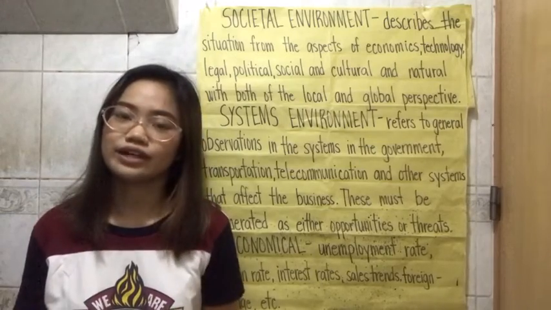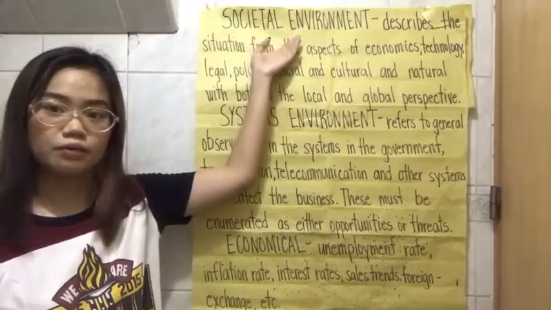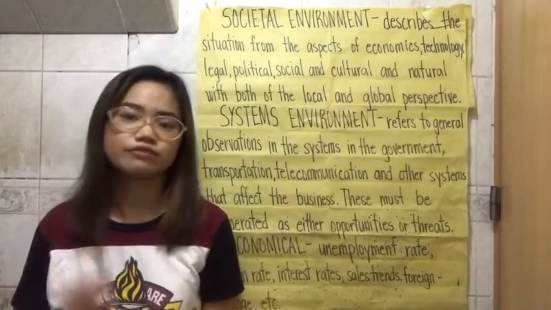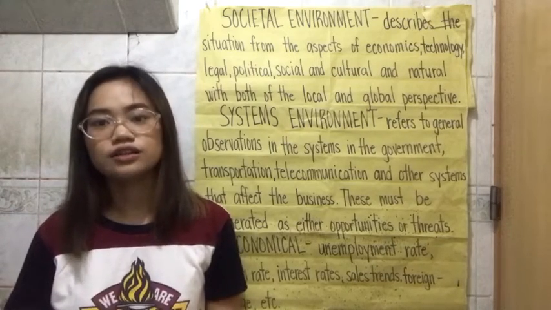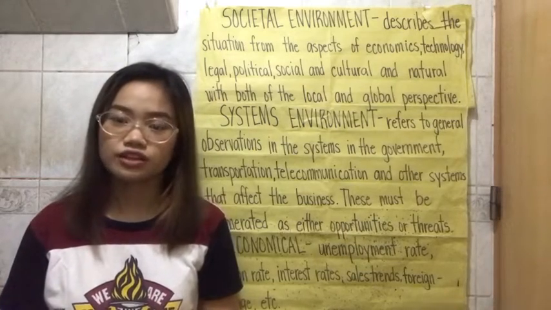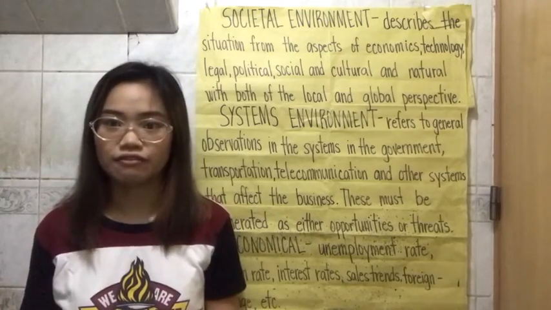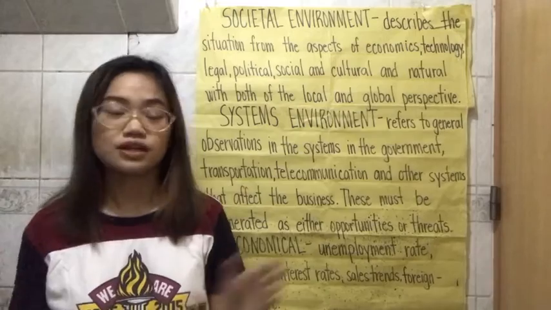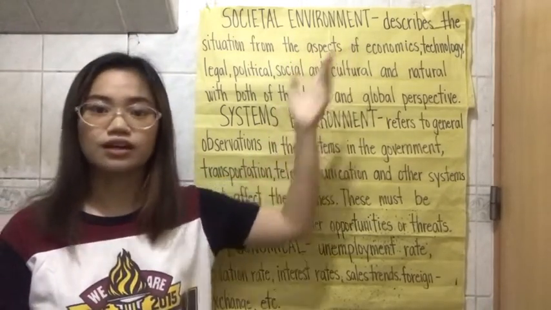Now to really break down the analysis for the external environment, we have societal environment, which describes the situation from the aspects of its 5 sub-factors, namely economical, technological, legal political, social-cultural, and even natural environment with both local and global perspective. Now these two really complement each other because this is for the general, now this is more specific.